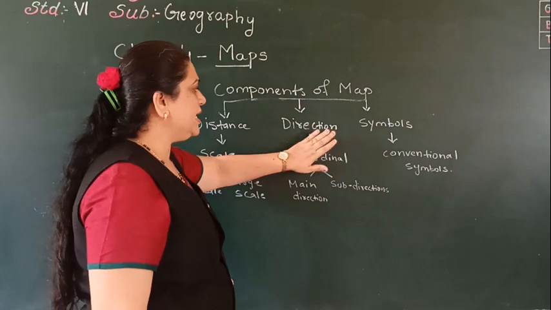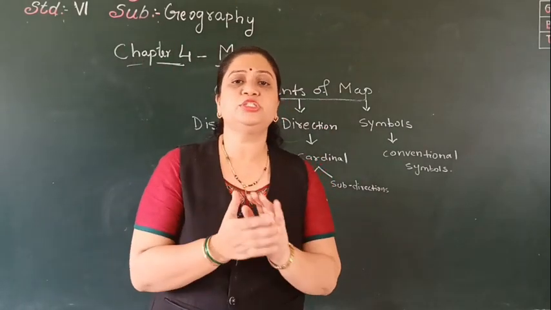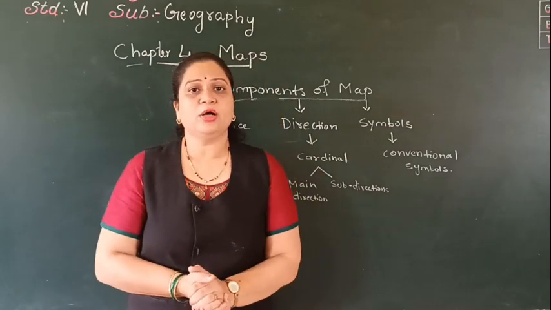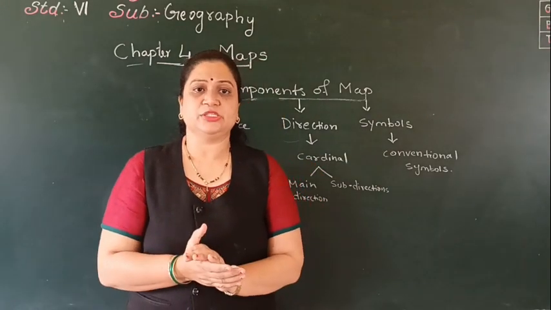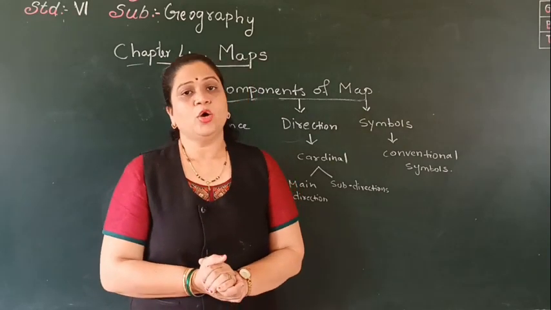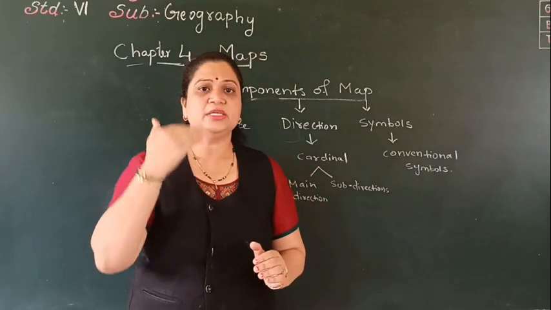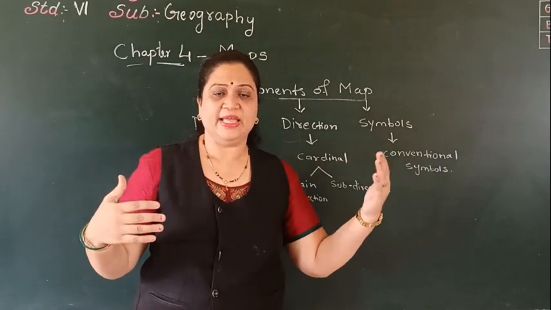Then the second one is the direction. Children, the direction is the most important component because to locate the places on the map, direction is very important. Now you have studied about the 4 main directions: north, south, east and west.